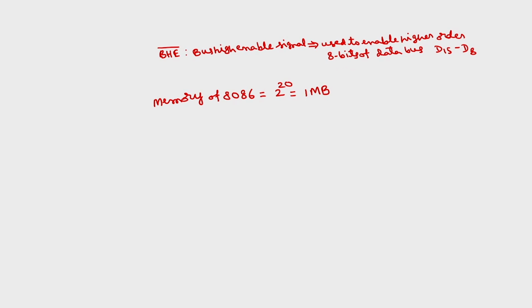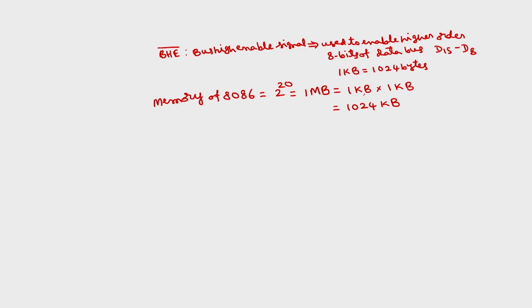In microprocessor terminology, 1 kilobyte means 1024 bytes. So this can be written as 1 kilobyte into 1 kilobyte. If I substitute, this is 1024 kilobytes. 1 megabyte is equal to 1024 kilobytes.